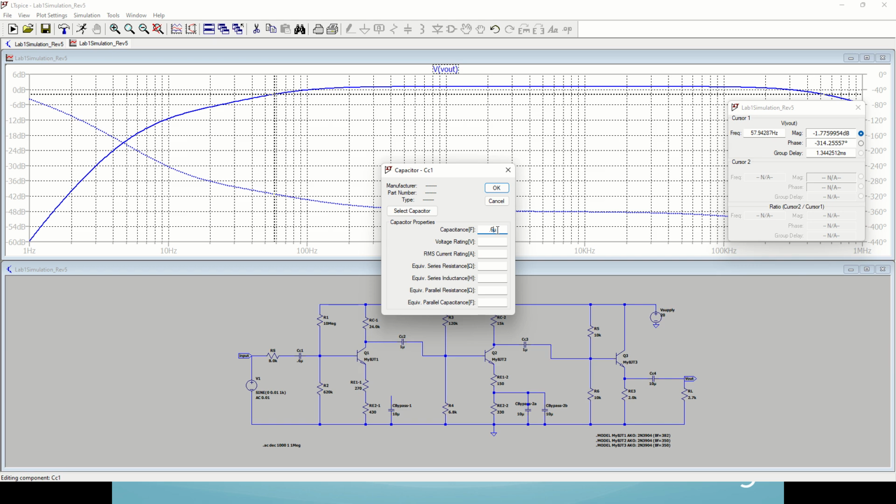And again, if you want an accurate result experimentally, you want to make sure of what the value of the capacitors you're using really is, not what they say they are, because there's definitely sometimes 10%, 20% variance in these capacitors.